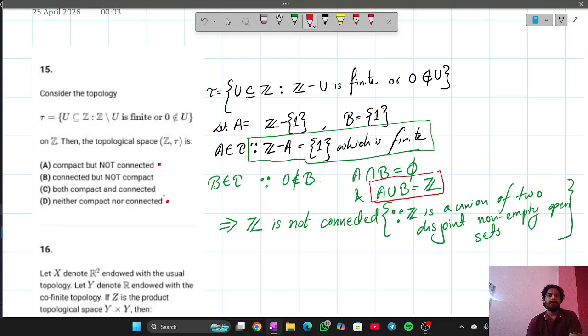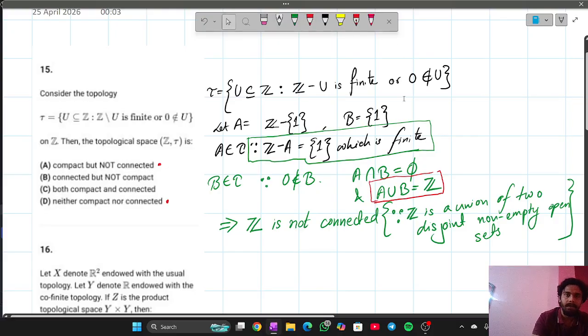Now let's see about compact. Now we have to check about compact. Let me scroll a little bit down, or to the left side. You have understood this, you know the question.